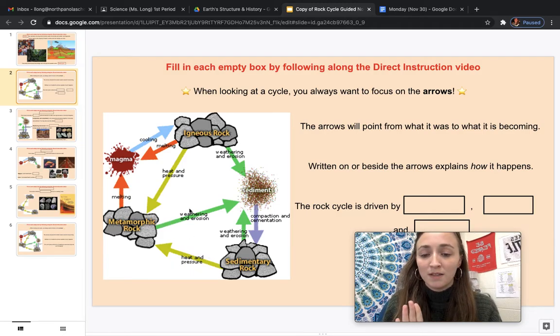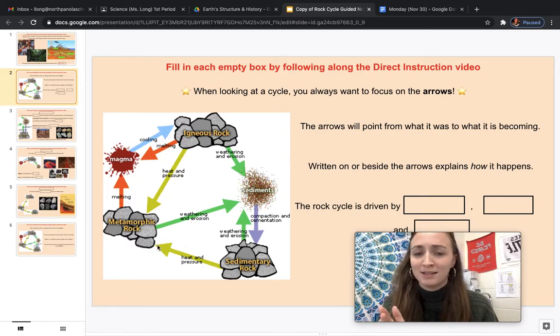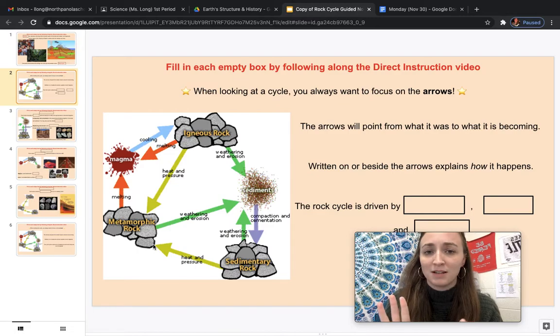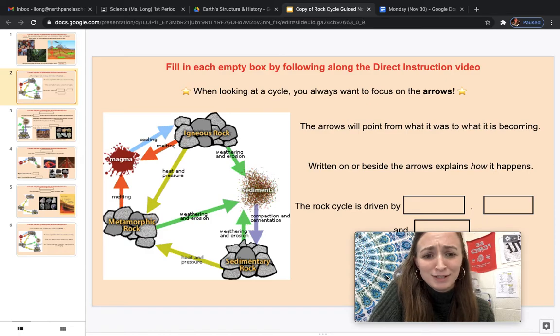So whatever is written on the arrow is telling you how one thing is becoming another. And like I said, we're going to break down what even is sedimentary rock, and why does it become a metamorphic rock. We're about to talk about that. So if you're like, Miss Long, chill with these new words, no worries, we'll break it down. So always, always, always focus on those arrows because they tell you everything you need to know.